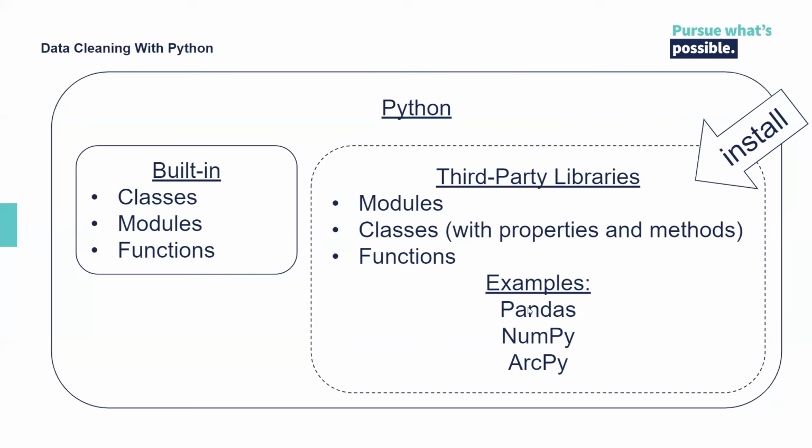One of the more popular Python libraries is Pandas, a great library for data cleaning, and it's the one we're going to be focusing on today. There's also NumPy, which helps us work with numbers a little more efficiently than base Python. And there's a package called ArcPy, which interfaces with the ArcGIS platform within the GIS world. These are just a couple of examples of third-party libraries that you install separately after you've installed Python on your machine.